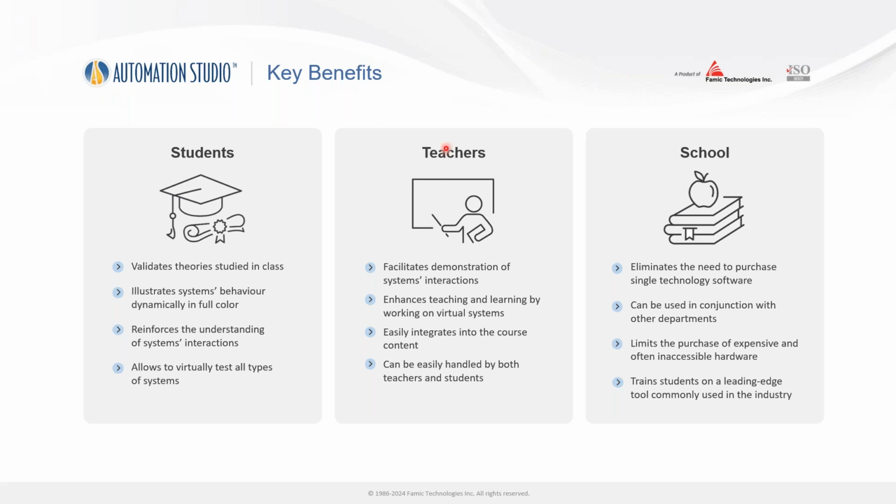For teachers, it facilitates demonstration of system interaction, and it enhances teaching and learning by working on a virtual system. For schools, it eliminates the need to purchase single technology software as it is a multi-technology software, and it can be used in conjunction with other departments. So within all departments, you can install the same software.